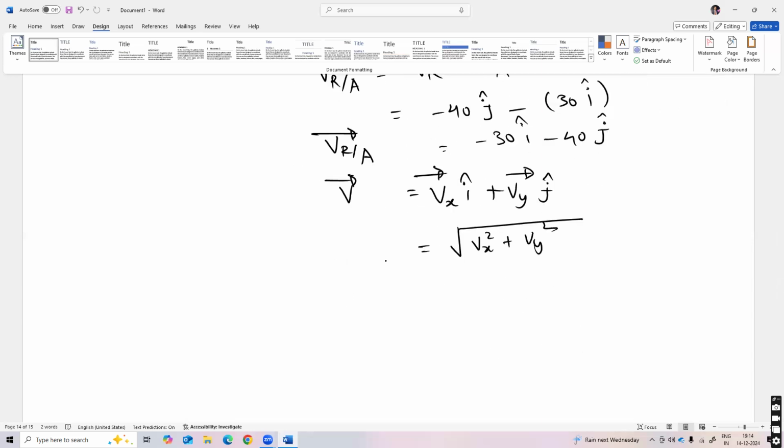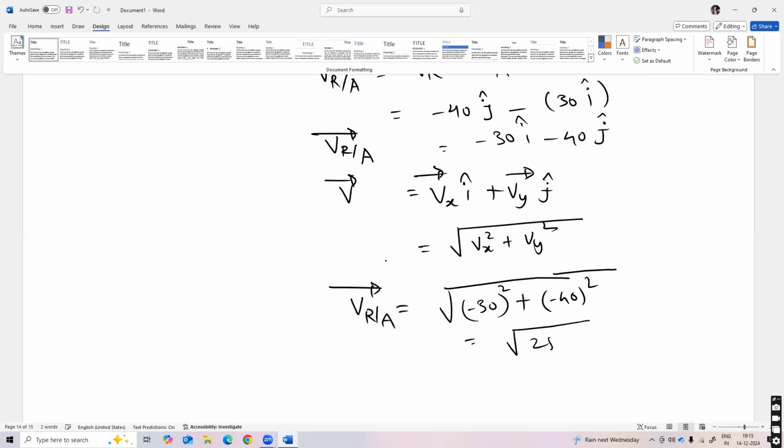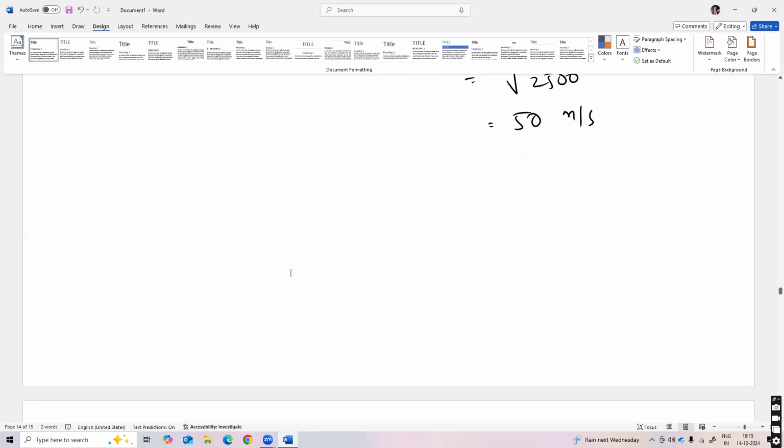Therefore, to find the magnitude of velocity of rain with respect to person A, you can simply write it as square root of (minus 30) square plus (minus 40) square. That will give you square root of 2500, which equals 50 meter per second. So this is the relative velocity of raindrop with respect to person A, which is 50 meter per second.